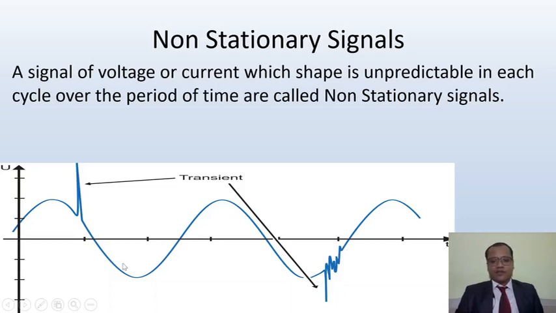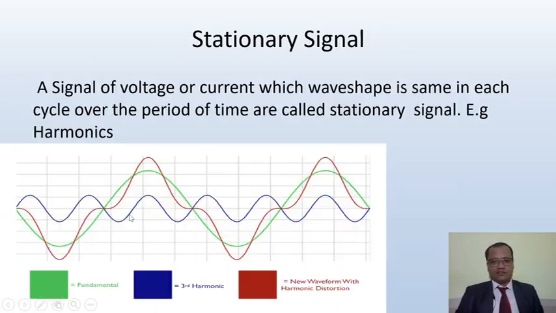So there is no periodic relation where the transient will occur. The wave shape is unpredictable, and that's why things are not stationary in the waveform. Transients are not stationary in the waveform. That's why such waveforms are called non-stationary signals.